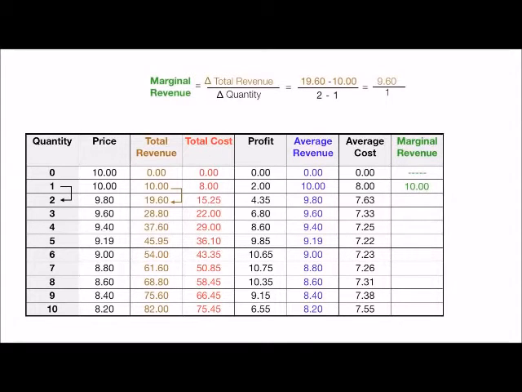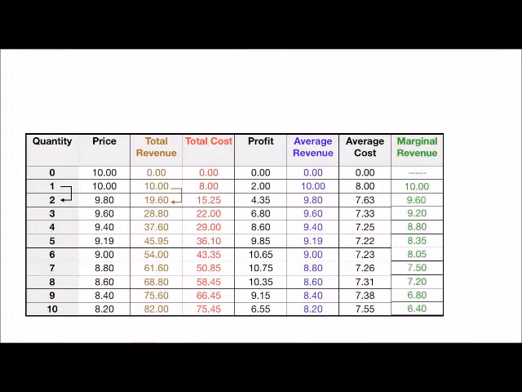So marginal revenue is 9.60. In my example, quantity always increases by 1, so it seems almost silly to do the change in quantity, but you probably have examples in your classes where quantity does not increase by 1, so you want to get in the habit of making that calculation. Now I will fill in the remaining values.